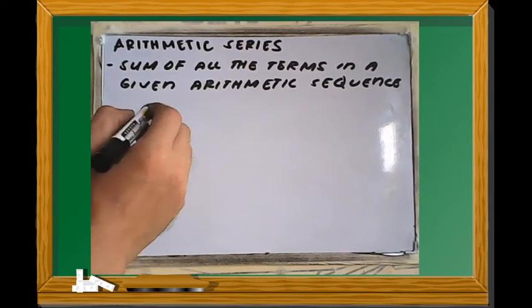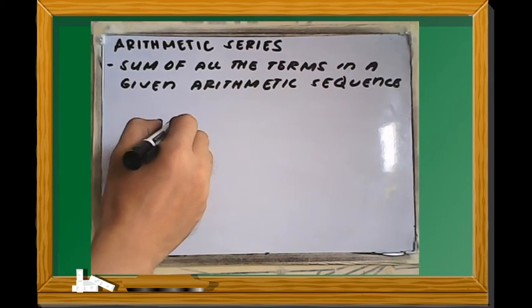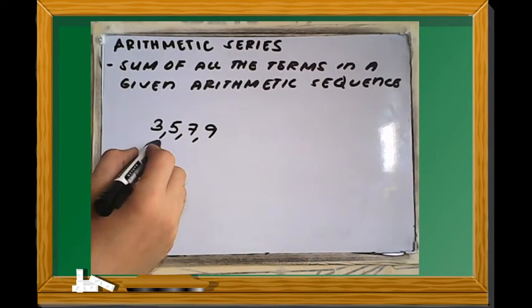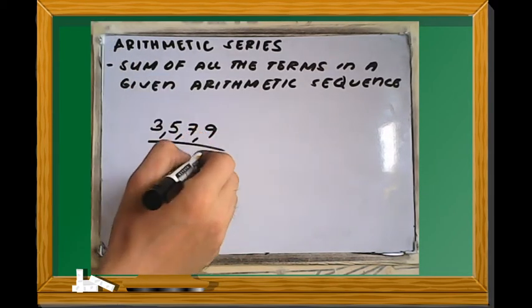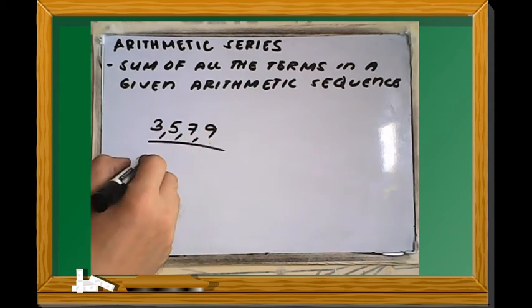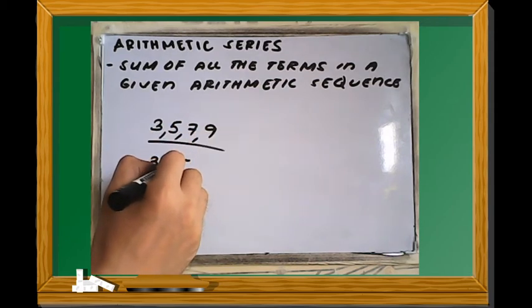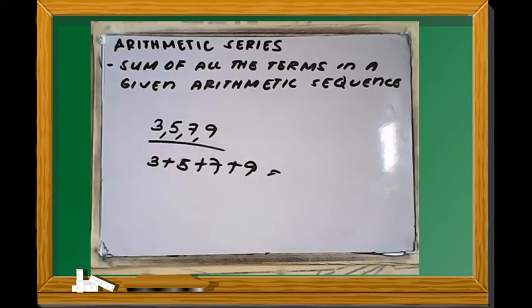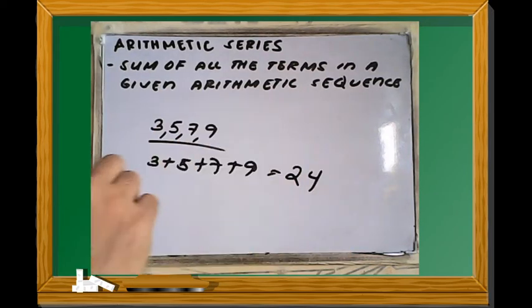For example, the sequence is 3, 5, 7, 9. This is the given arithmetic sequence. We're just going to find the sum of these terms. So it becomes 3 plus 5 plus 7 plus 9, which is 24.